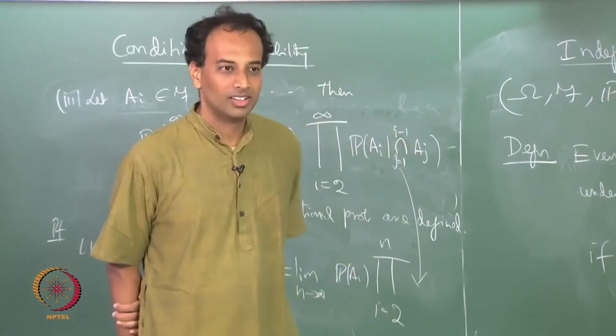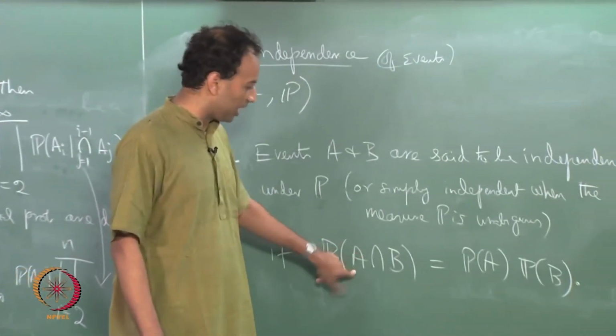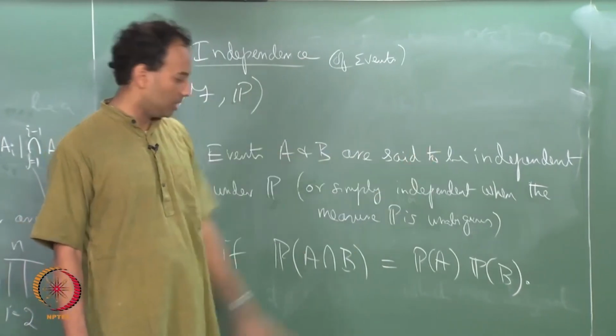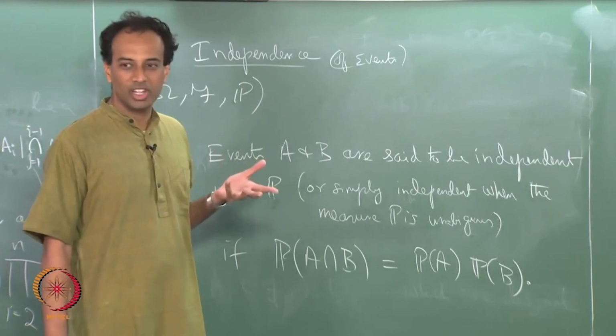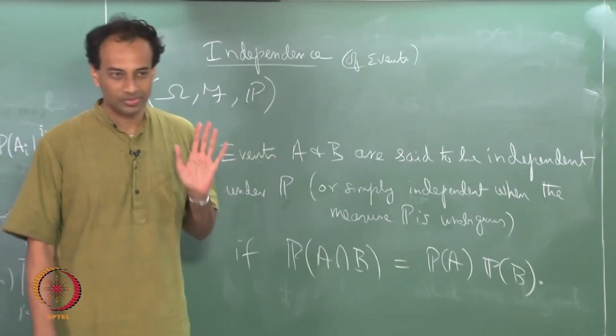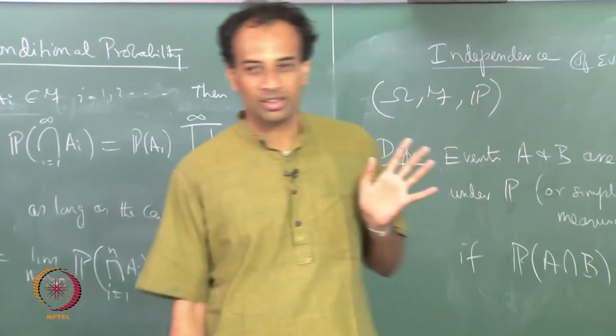If A is independent of A, then probability of A intersection A equals probability of A times probability of A, which means P of A is equal to P of A squared, which means P of A should be 0 or P of A should be 1. Can you say anything more?